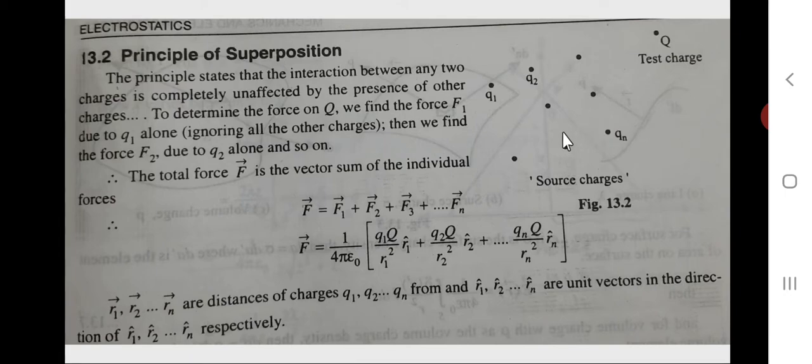Therefore, the total force F is nothing but the vector sum of the individual forces. That is, the total force is given by the contribution of charge q1, that is F1, plus F2 plus F3 and so on up to Fn.